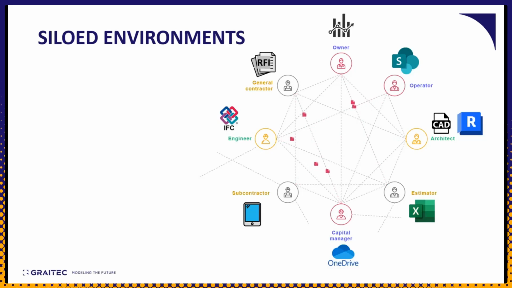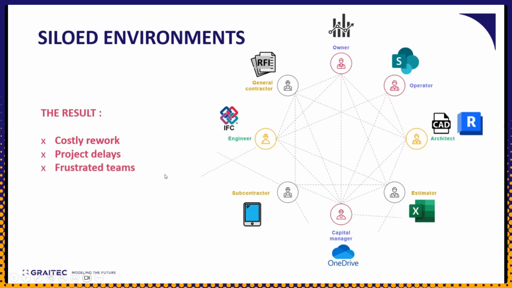When this information lives in silos across different platforms, teams inevitably work with outdated or conflicting information. The result? Costly rework, project delays, and frustrated teams who spend more time chasing information than building.